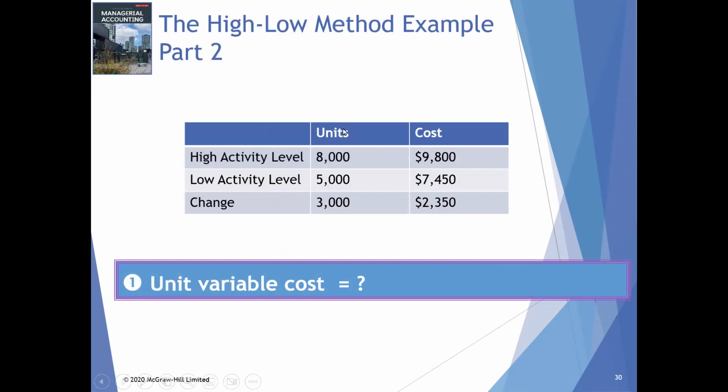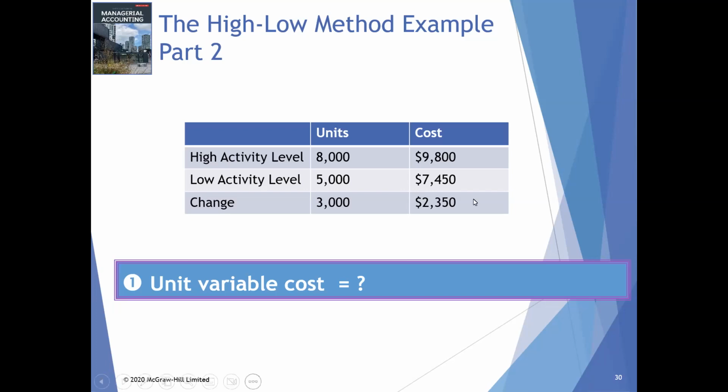We have some units and some cost. The difference between the highest and lowest is 3,000 units and 2,350 in cost. Now you have a calculator with you, right? Cost divided by number of units gives the unit variable cost: 2,350 divided by 3,000.